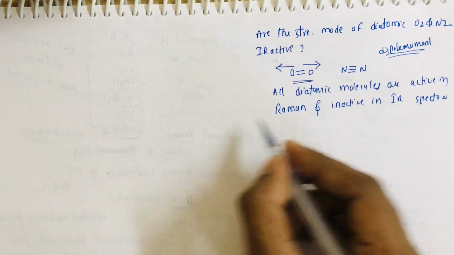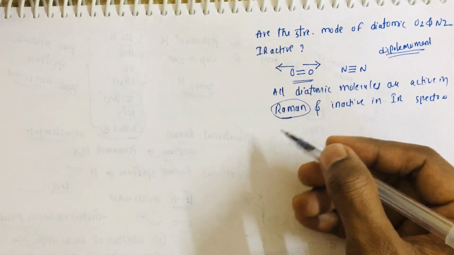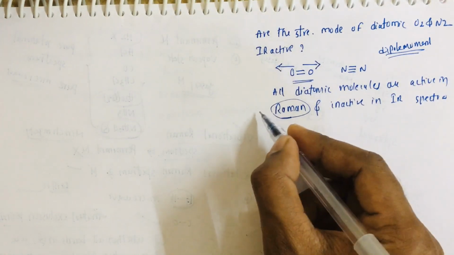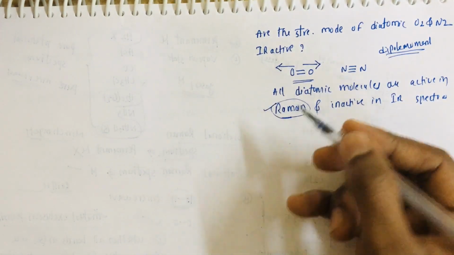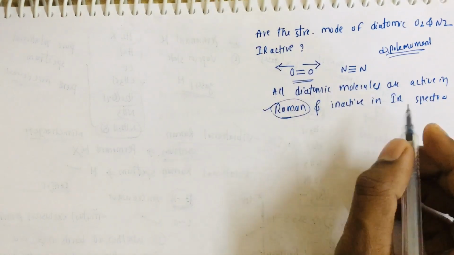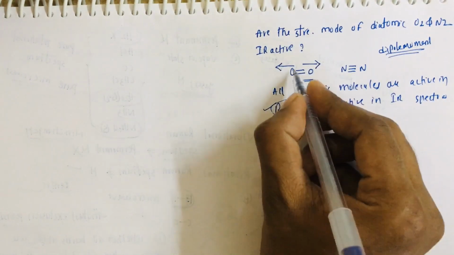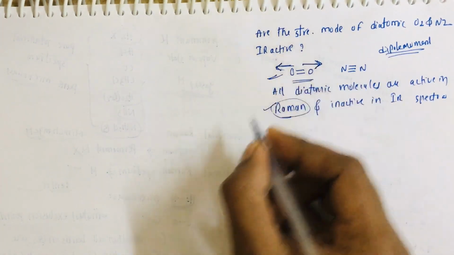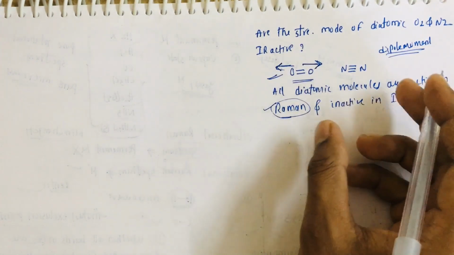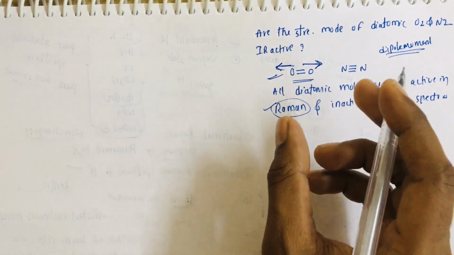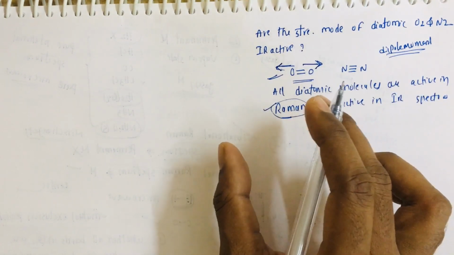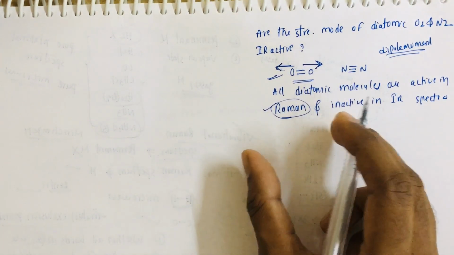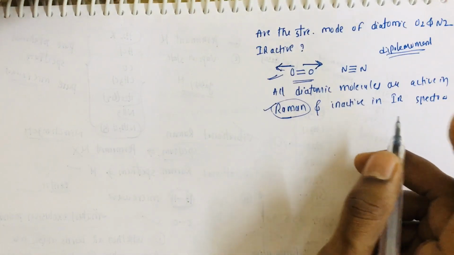The main criterion on the basis of which we say whether the given compound is Raman active or not is the polarizability, right? Upon stretching these bonds like this, we can produce a polarizability change. Because of that, all diatomic molecules are Raman active.